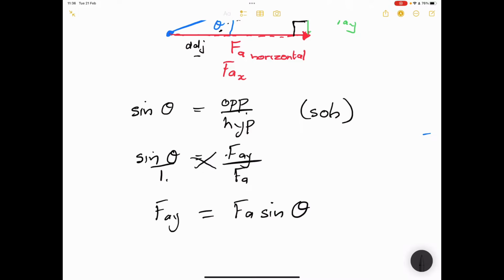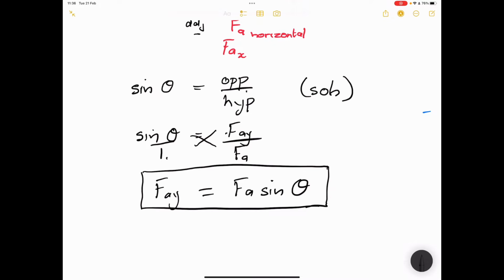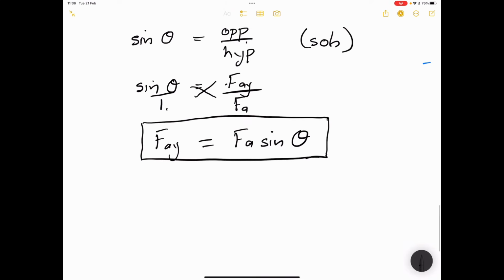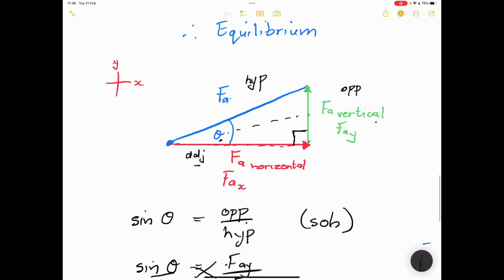Please, ladies and gents, be mindful of that. If I want to find the vertical component in this case, I will simply say it's FA sine of the angle of elevation.